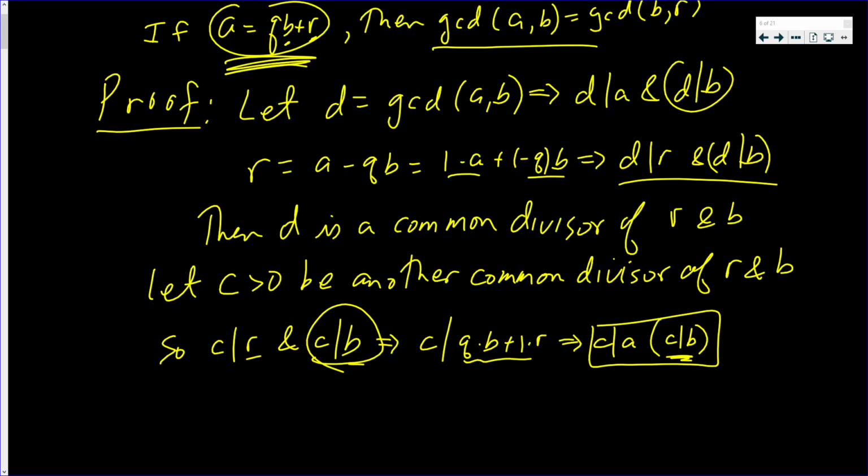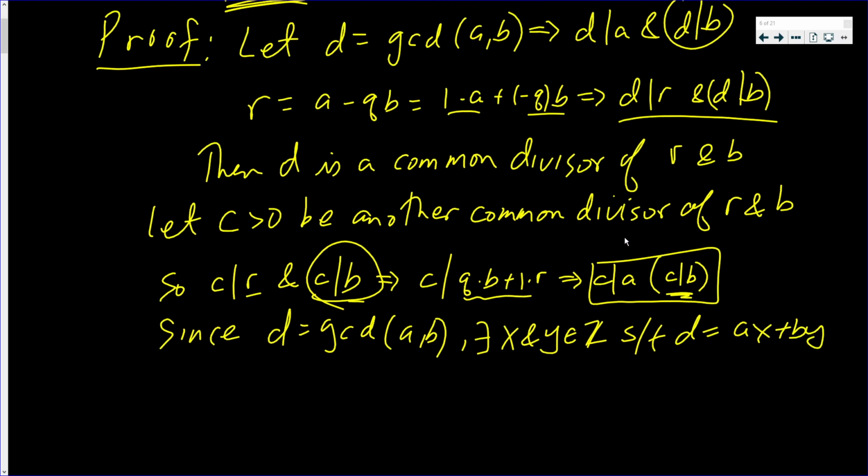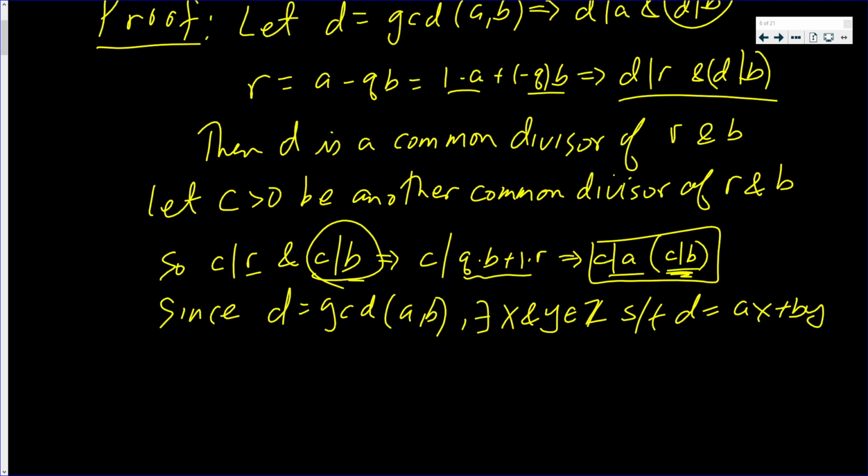Now, since D is equal to GCD of A and B, there exist X and Y in the integers such that D is equal to AX plus BY. Now, C divides A and B, so C divides any linear combination of A and B. So, C divides AX plus BY.